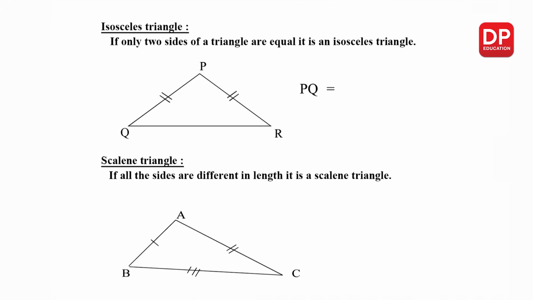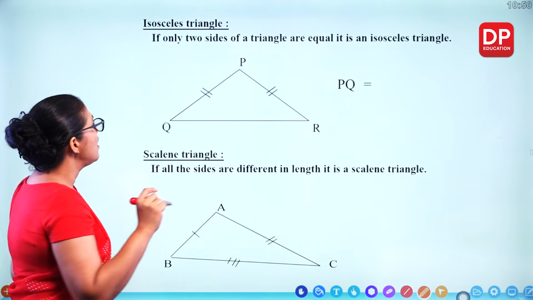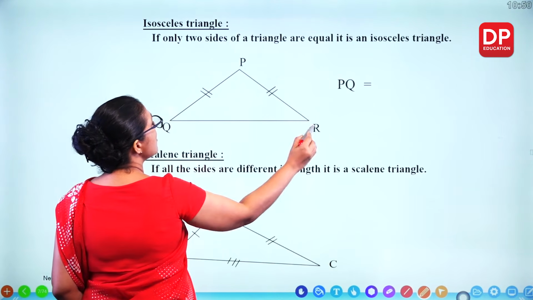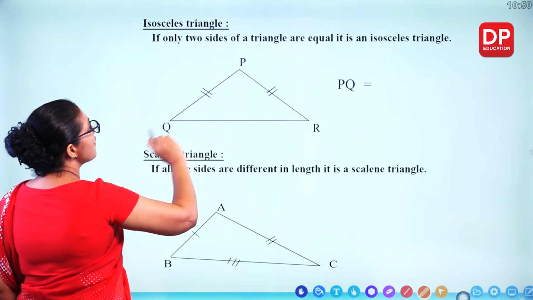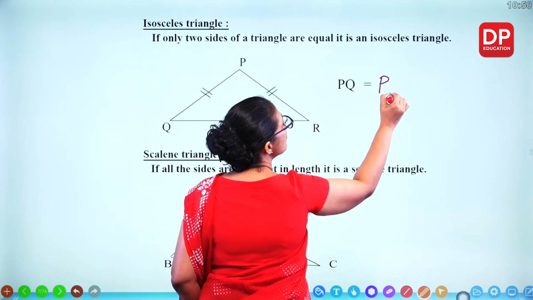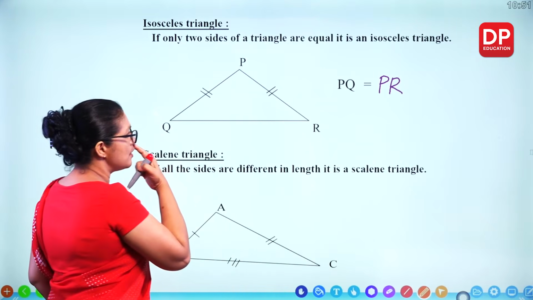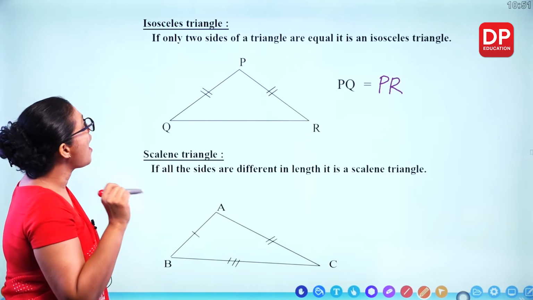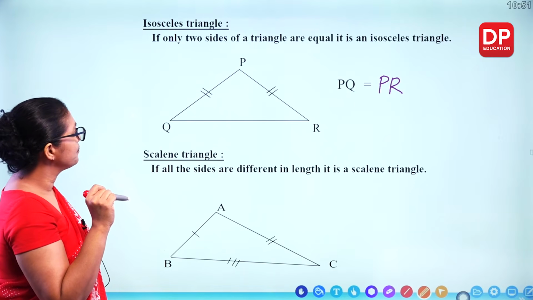Isosceles triangle. What's an isosceles triangle? Only 2 sides are equal. So in this diagram, PQ and PR, 2 lengths are equal. So we call this an isosceles triangle.